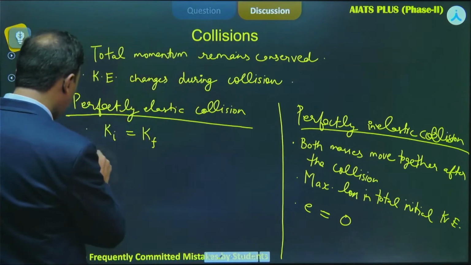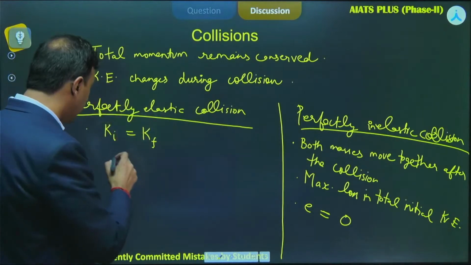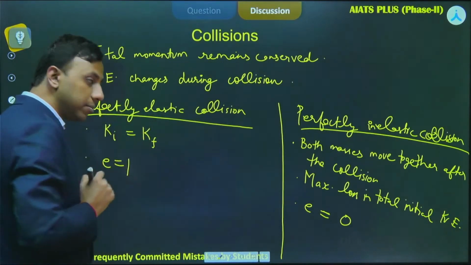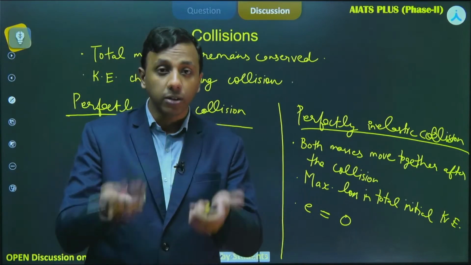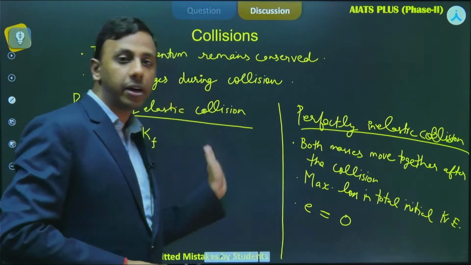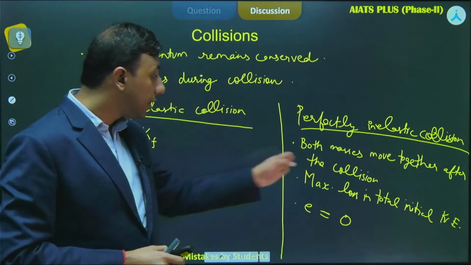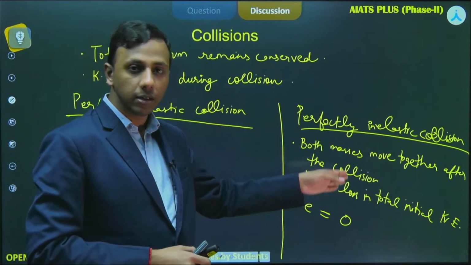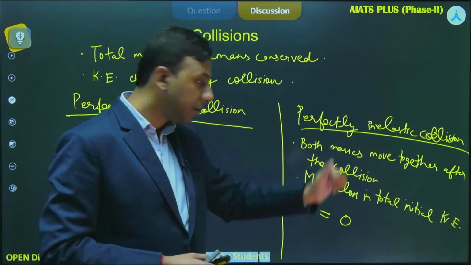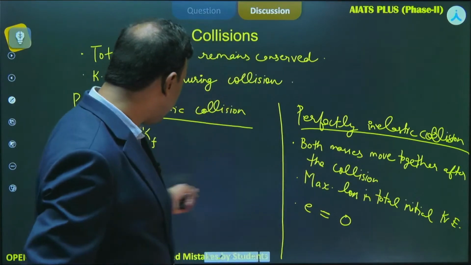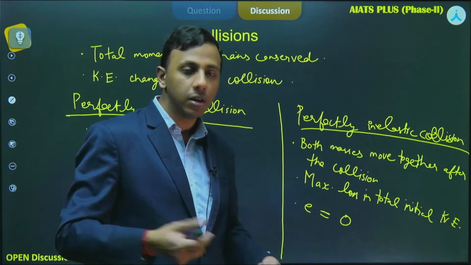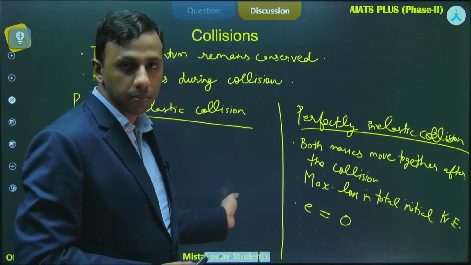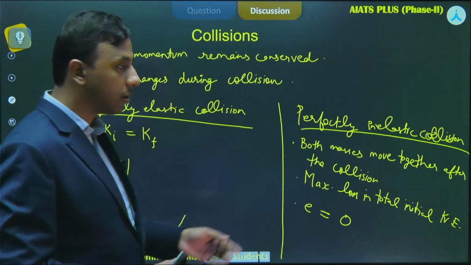And e here will be equal to 1, which means they collided and there is no deformation after the collision, so no kinetic energy is lost. If maximum deformation is happening, maximum kinetic energy is being lost. Now what values can e take? e can take values between 0 and 1, and e equal to 0 and e equal to 1 also, right?